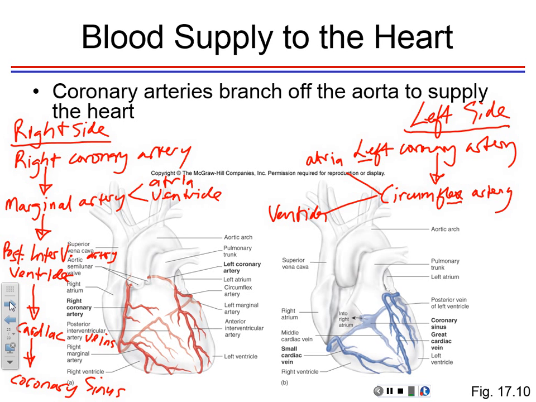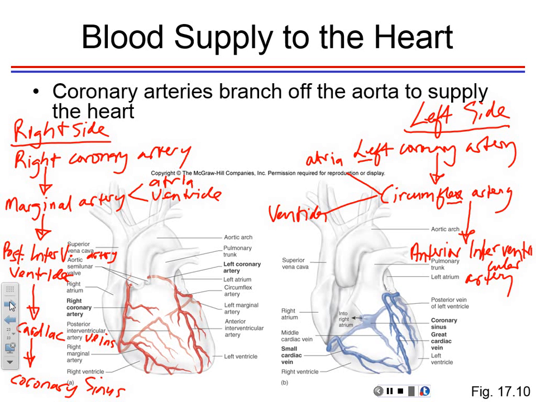Since we've got the posterior on the right side, then we've got the anterior interventricular artery. And then, of course, the one that has the ventricle in its name will provide only the ventricles. You see that?